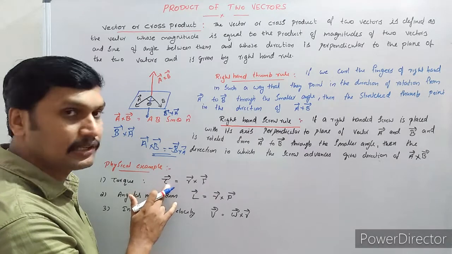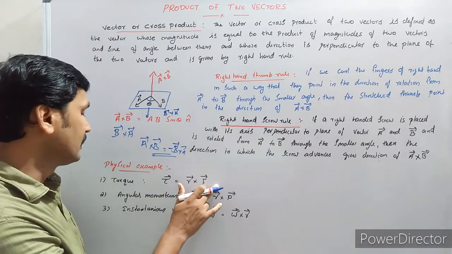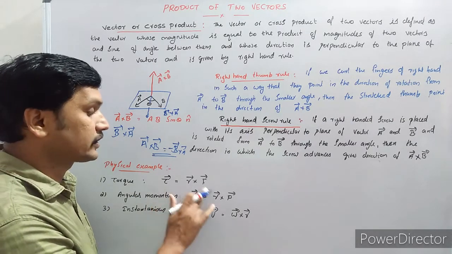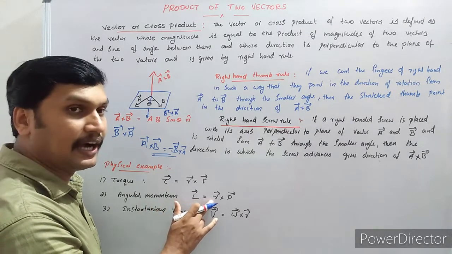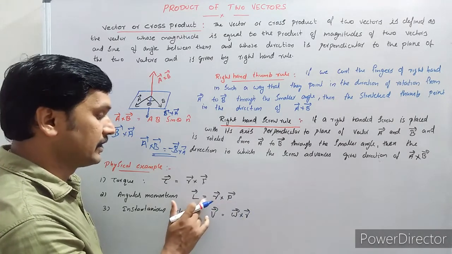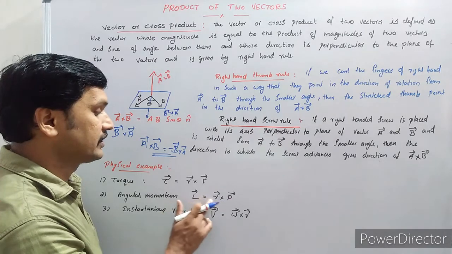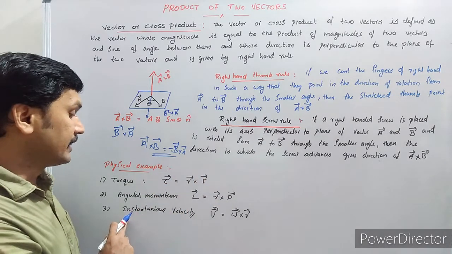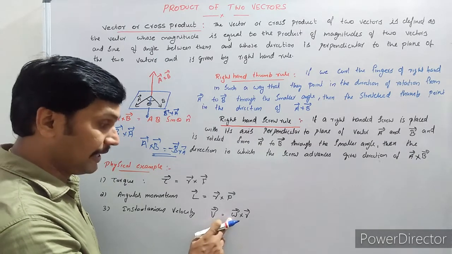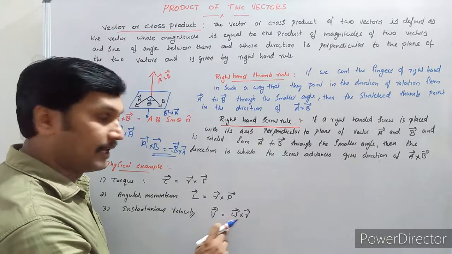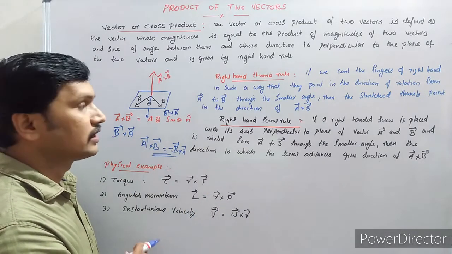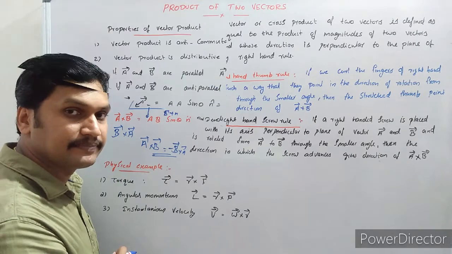Torque tau is equal to R cross F. And the angular momentum is the cross product between the position vector and the linear momentum, L is equal to R cross P. And instantaneous velocity, V is equal to omega cross R. So these are some of the physical examples for the cross product of two vectors.